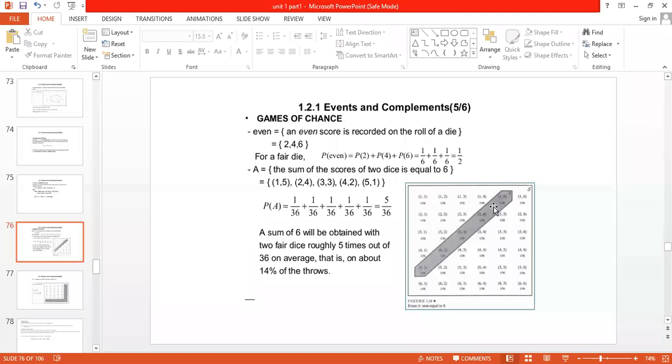And we also know that each outcome has the probability 1 by 36. Now what is the probability of A? It is 1 by 36 for the first one, 1 by 36 for the second, third, fourth and fifth. So the probability here is 5 by 36.